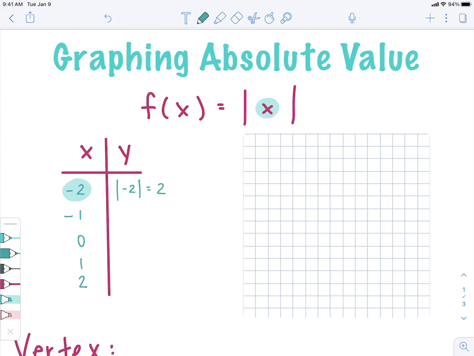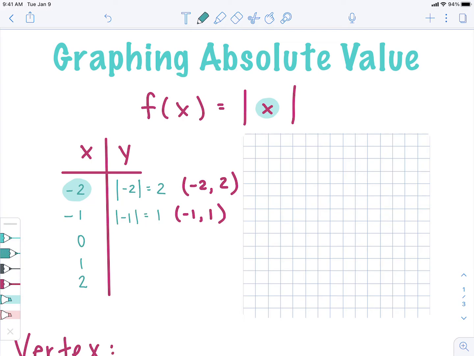So that means that my coordinate here is -2 for my x and 2 for my y. So I'm just going to get a bunch of coordinates and then I'm going to plot them. So far, so good? Okay, so then I'm going to plug in -1. And when I plug in -1, I get the absolute value of -1, which is 1. So now I have the point -1, 1. It's a lot of lines, right?